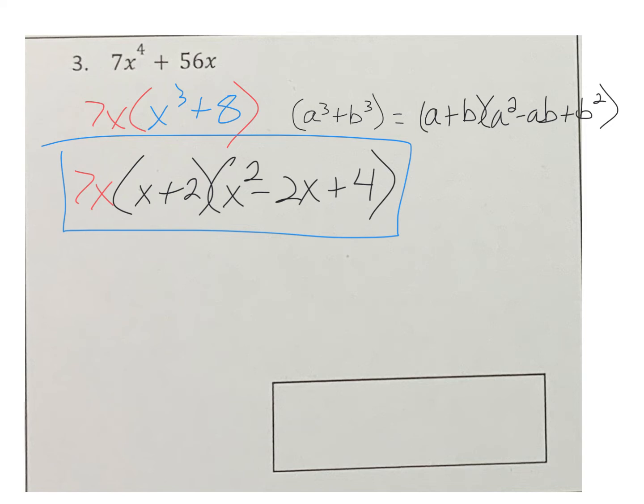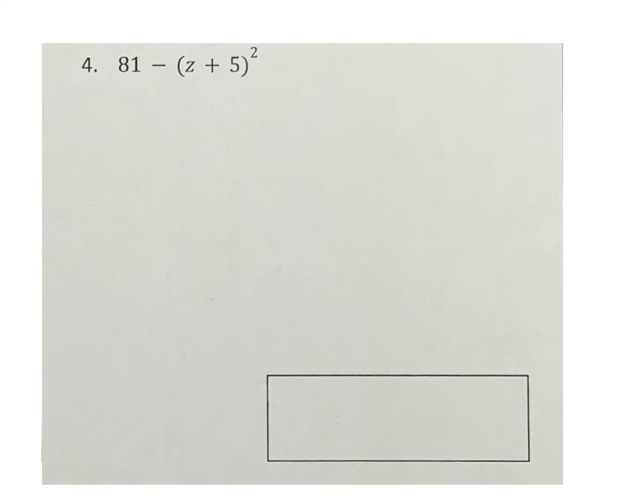All right, now going. Okay, this one, 81 minus z plus 5 squared. First thing we have to do here is this parentheses. We're going to have z plus 5 squared. Okay, now, z plus 5 squared, you could just FOIL it, z plus 5 times z plus 5.